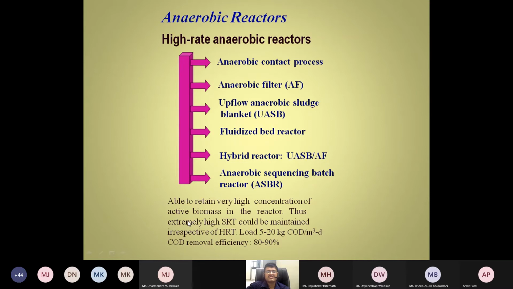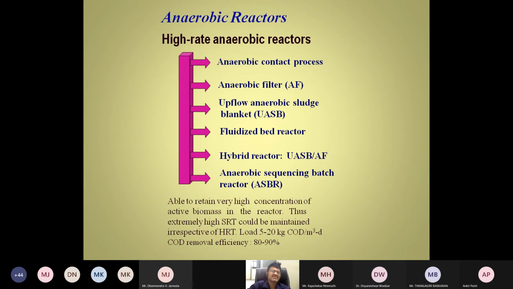There is a very high concentration of active biomass in the reactor unit. And another thing I want to tell you, the biomass yield ratio of the anaerobic reactor is very less. Biomass yield ratio means how much biomass is generated per gram of BOD or organic matter. That is very less here. Therefore, that is why we use it for sludge digestion.